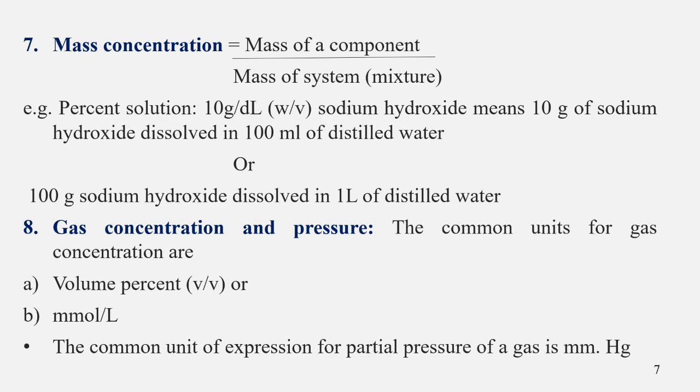Next, coming to the mass concentration. Mass concentration means weight of component by weight of mixture. For example, percent solution. 10 grams per deciliter sodium hydroxide means 10 grams of sodium hydroxide dissolved in 100 ml of distilled water.